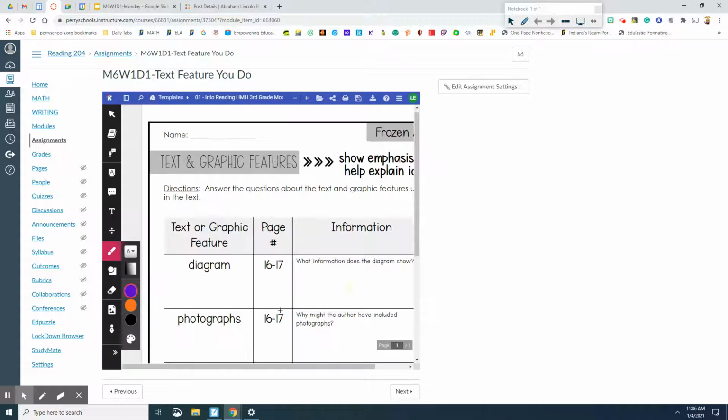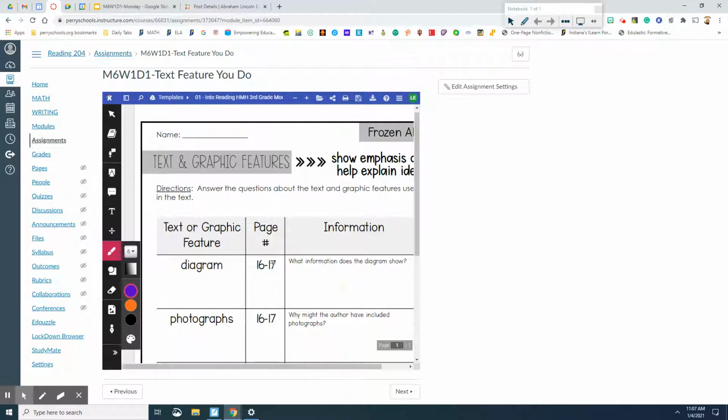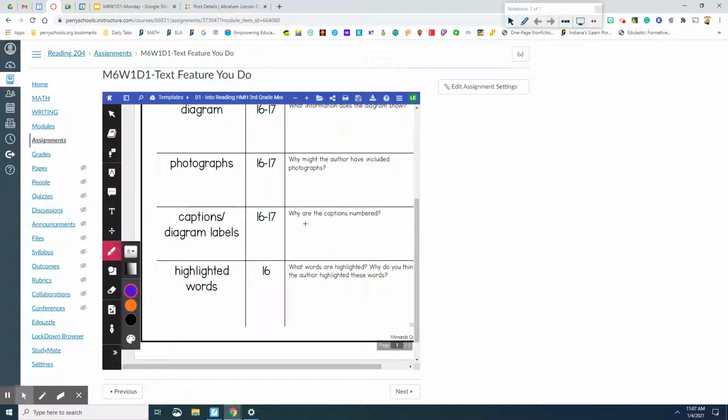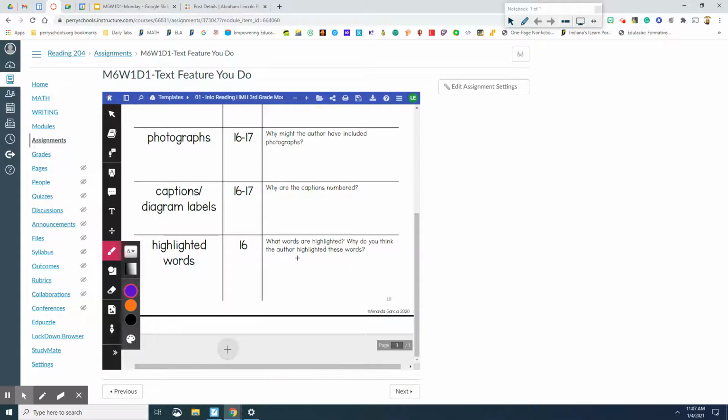And the text feature page. So you are going to be answering these questions over here. So it's asking you on page 16-17, what information does the diagram show? Why might the author have included photographs? And then why are captions numbered? And what words are highlighted? So you need to write the words that are highlighted. Why do you think the author highlighted those? So you're going to have some typing that you will do here.